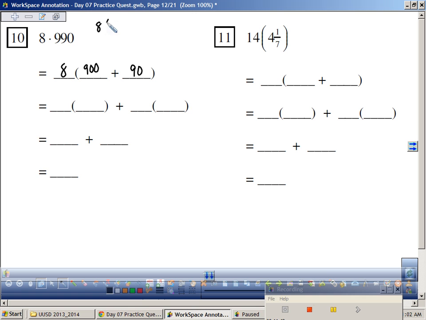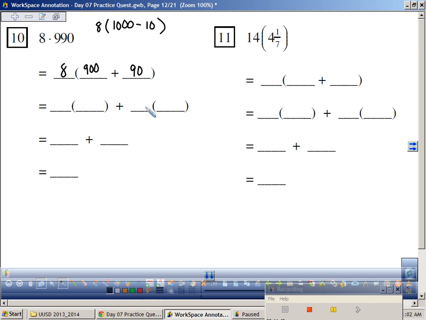How about this? That would be even easier. Oh, yeah. Wouldn't it? That's just 8,000 minus 80. If I were to distribute, wouldn't that be easier than this one? I think so. Okay.